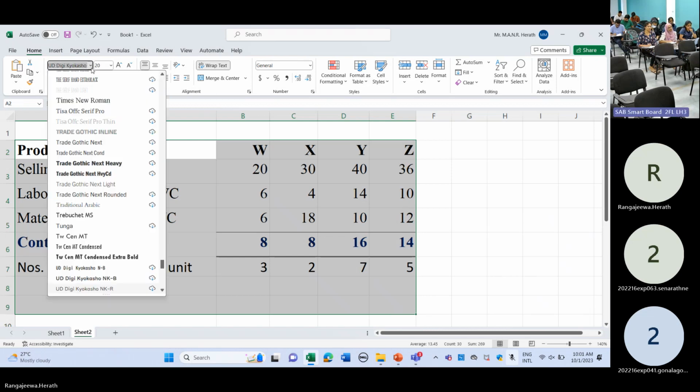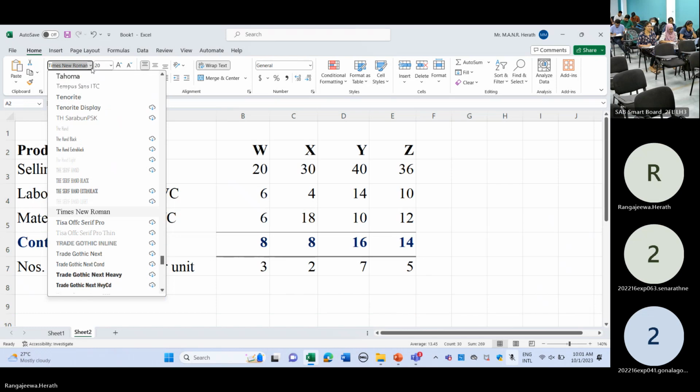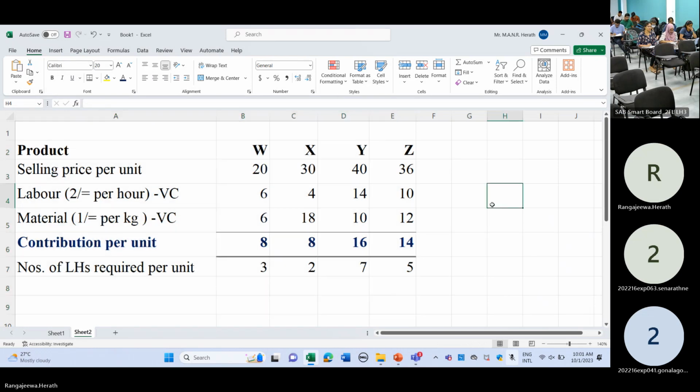So accordingly, the number of labor hours required to produce 1 unit of W, X, Y, and Z is 3 hours, 2 hours, 7 hours, 5 hours. We get this by labor cost per unit divided by 2.